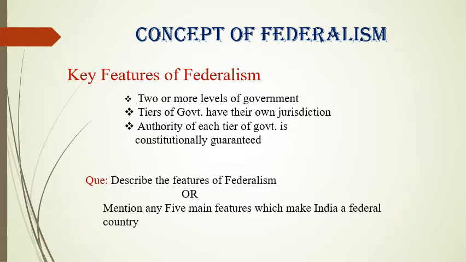Next, changes in the fundamental provisions of the Constitution require the consent of both levels of government. Next, courts play a key role to interpret the Constitution and the powers of different levels of government. Sources of revenue for each level of government are clearly mentioned to ensure its financial autonomy. So these are the key features of federalism.